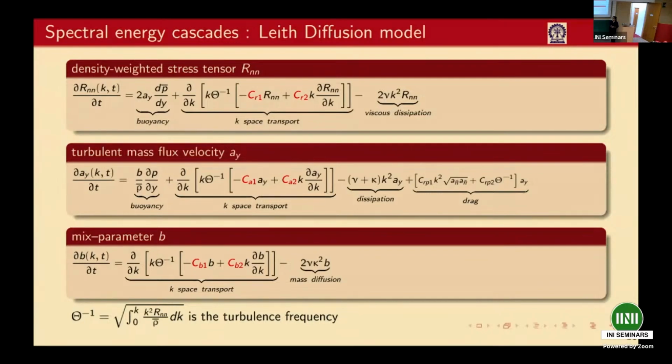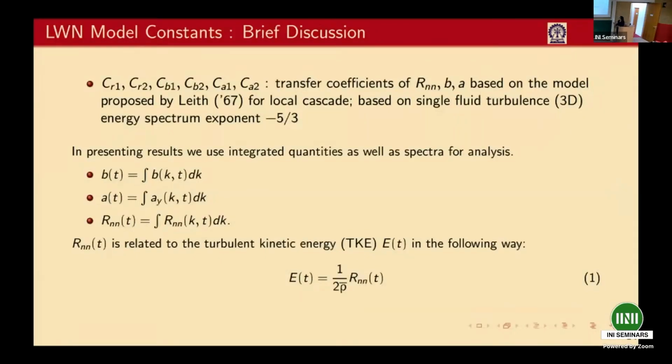That is by construction, because it follows from the works of Leith, the Leith model. Of course, there are coefficients, and all these coefficients you can calculate from the theories of single fluid turbulence, assuming that single fluid turbulence has the minus 5/3 energy spectrum scaling.